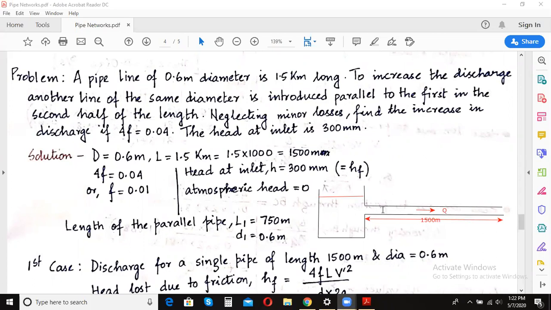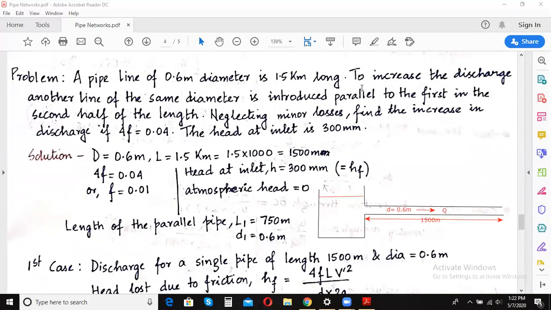The diameter D is equal to 0.6 meters. Now this is clear. When you know all the parameters, it will be easy for you to calculate the discharge that is taking place through this pipe. Let's see what the rest of the problem says.